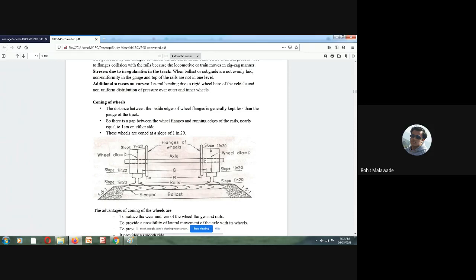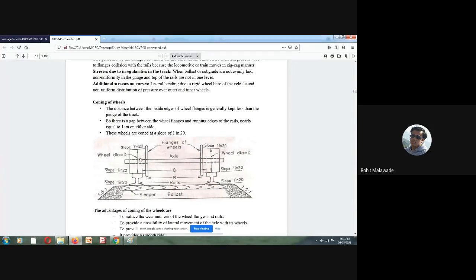So when the wheel moves outward, due to these flanges there will again be contact between the wheel and the rail, and it will come back inside.